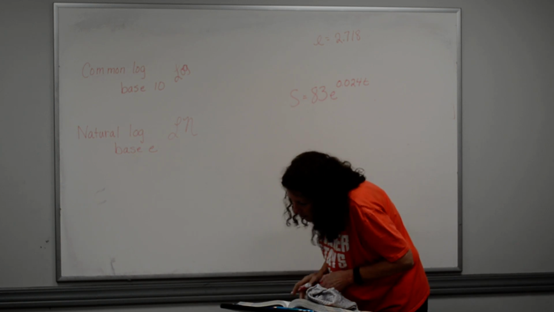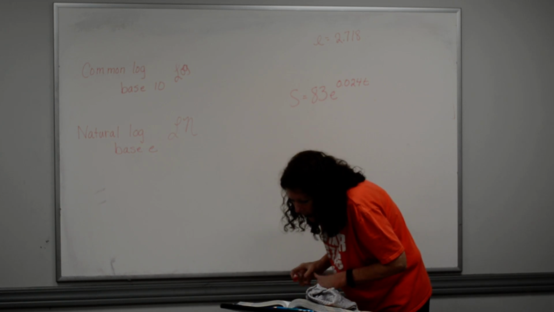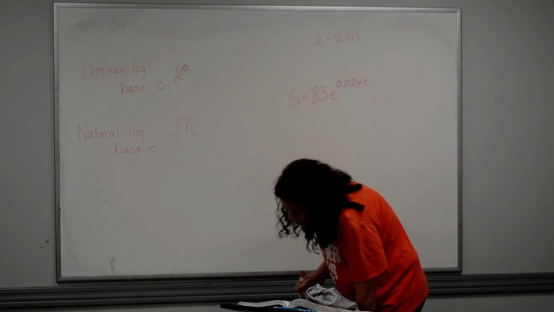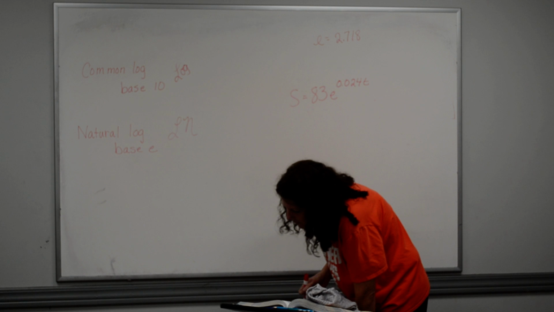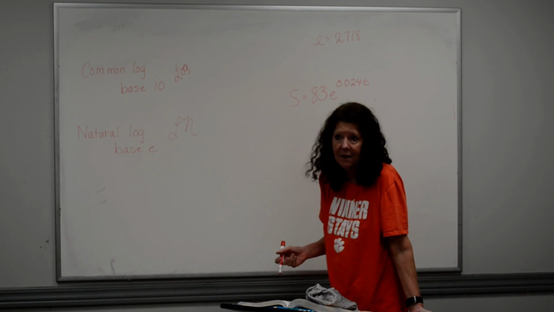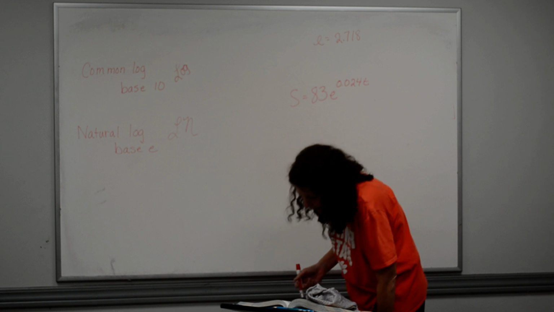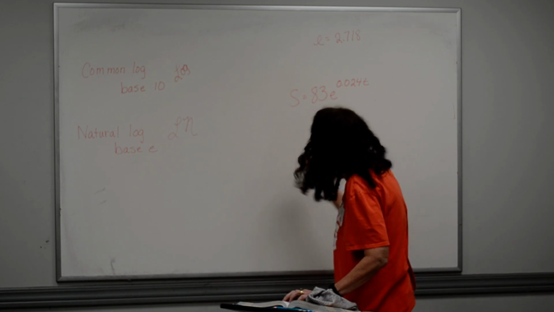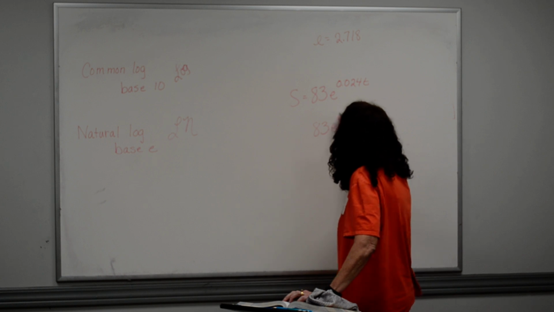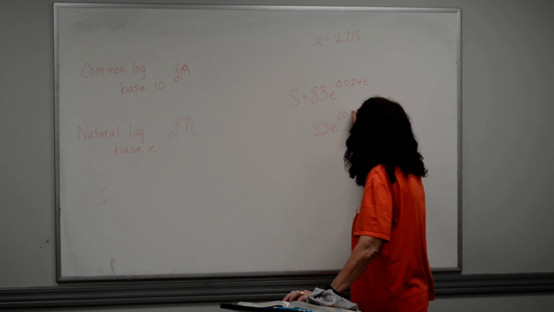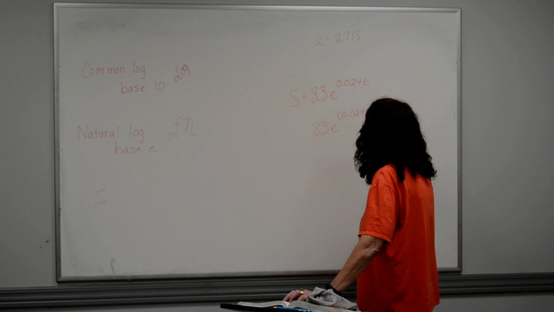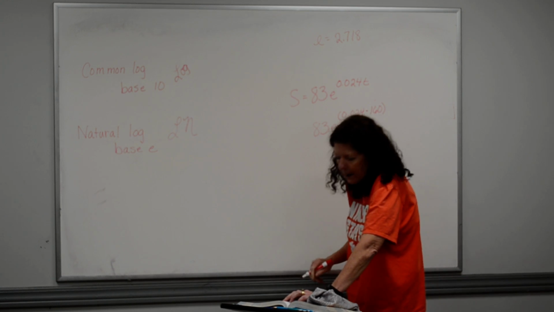Okay, in natural logs, to determine about how many different U.S. postage stamps will have been issued from 1848 to 2008. Now, that's going to be 160 years, okay, if you did the math there. So, literally, all I'm going to do is 83 times E raised to the 0.024 times 160 power. Okay?